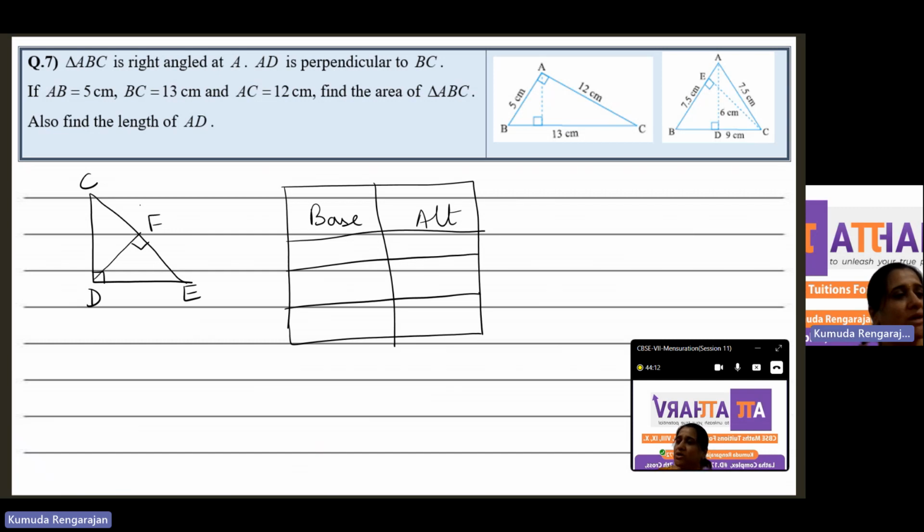It's a side, so you should name it using two letters. Draw the diagram first, below the table.